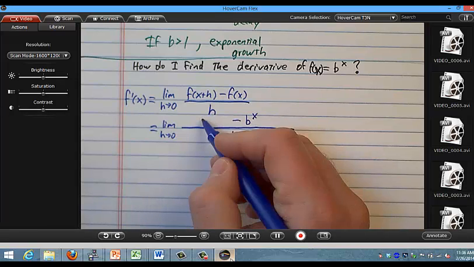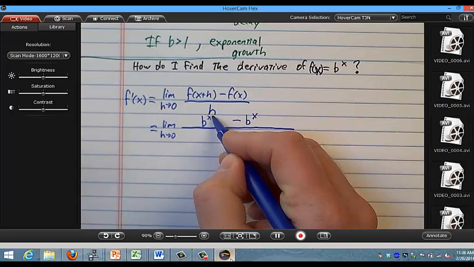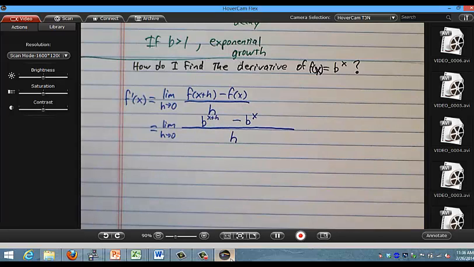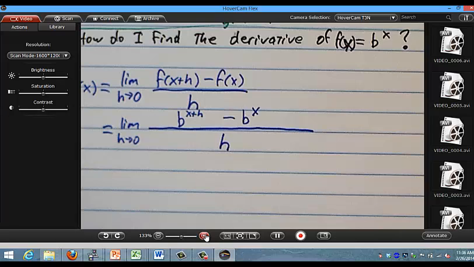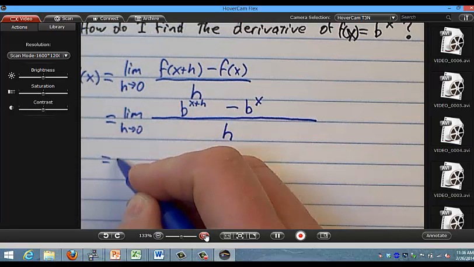Good. Everywhere there used to be an x, you're going to put an x plus h. So we have b to the x plus h power. See it? So now the next step is a little tricky. I'm going to do it for you, and then I'll see if you believe it.